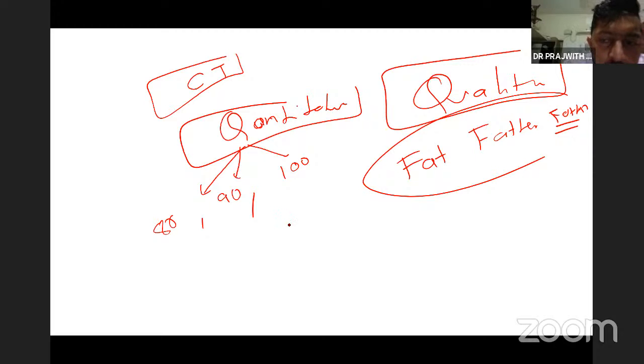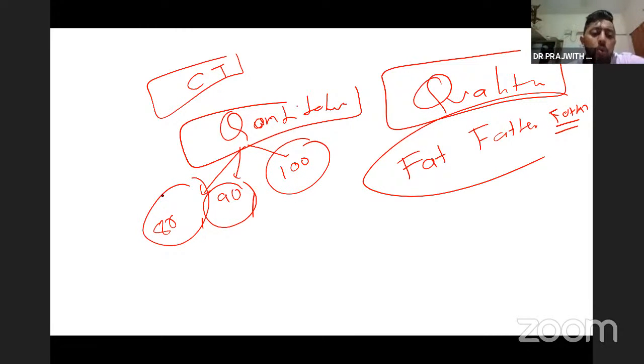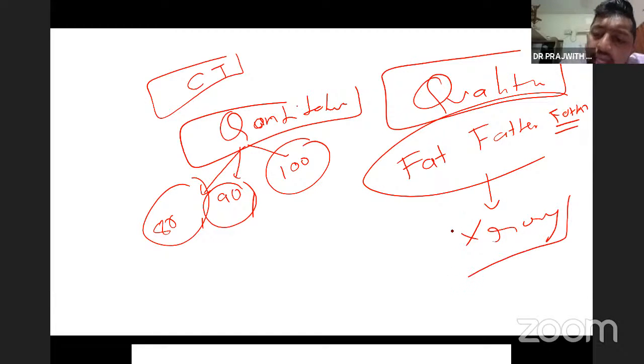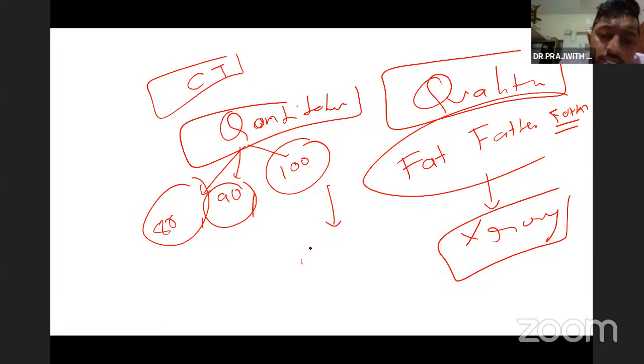The quantitative will give us the numerical value, whereas qualitative will give us an idea of how dense the structure is. Now, what we have to understand here is that X-ray is a qualitative imaging, whereas a CT is a quantitative imaging as well as qualitative.